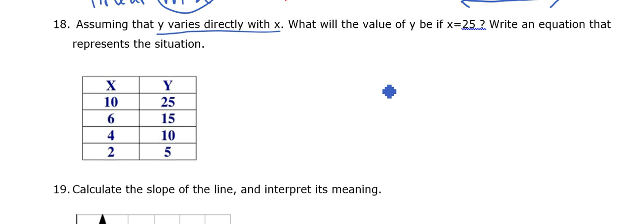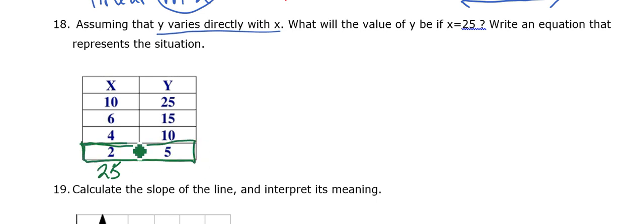Okay, so I have lots of x values here and lots of y values. The one that drew my attention is that I want to know what y is when x is 25. And I know what y is when x is 10 and 6 and 4 and 2. And this is the one that I went to.